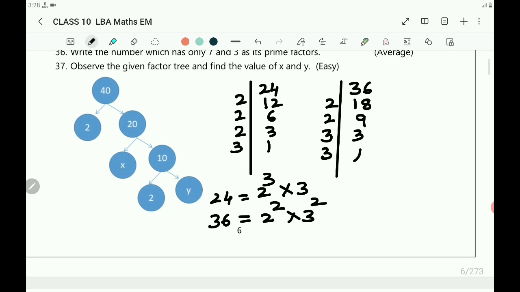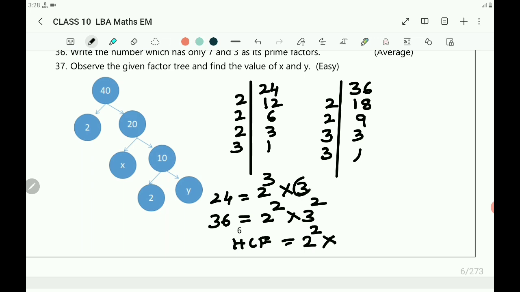Here for HCF we have to consider the common factor. 2 is common. 2 power 3 is there, 2 power 2 is there. We have to take the common factor with least power. So 2 power 2. Here 3 is greater than 2, so we have to take 2 power 2.